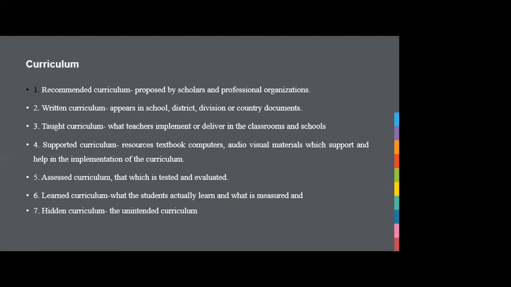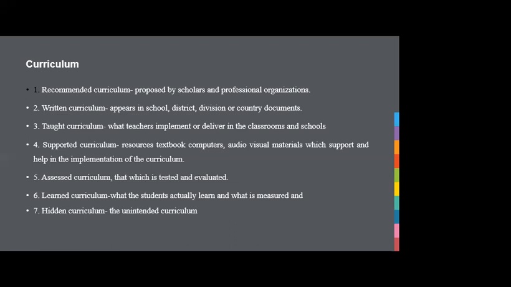which could impact on this. And then we get the supported curriculum, where the textbooks and the resources such as audiovisual materials and computers support the implementation of the curriculum. Now here again we'll go into textbooks, because textbooks also are written by people, and people obviously place their view when they write, or historians always have a view when they're writing.